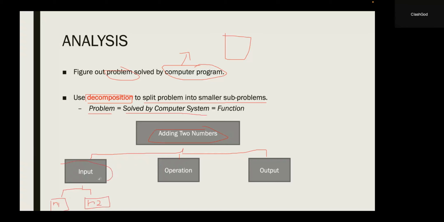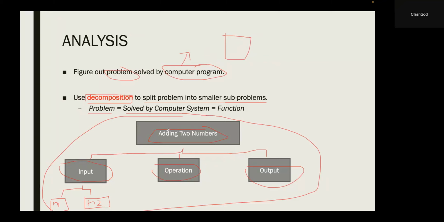So each of these functions or each of these problems are actually solved by a computer system, a computer program. This big problem is solved by a computer program. These smaller problems are solved by computer programs. Even the smallest things at the bottom are solved by computer programs. Therefore, what we can say is that this entire thing is a large computer program, right?